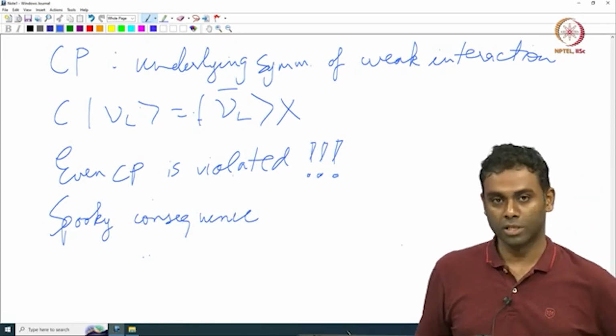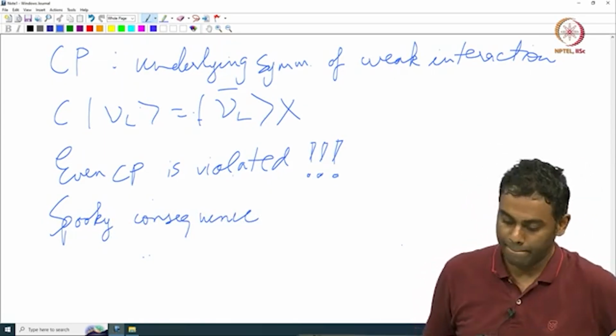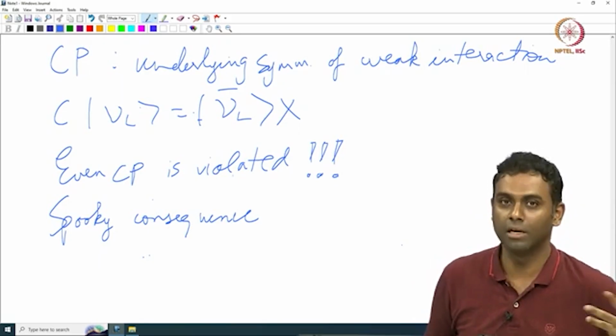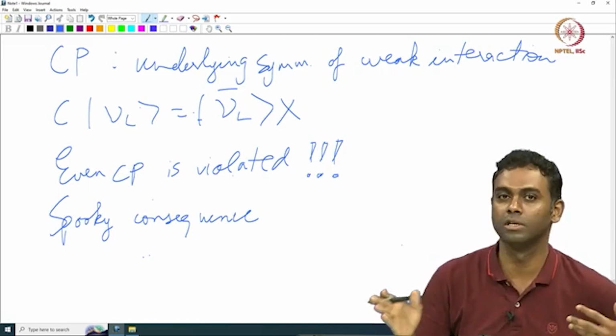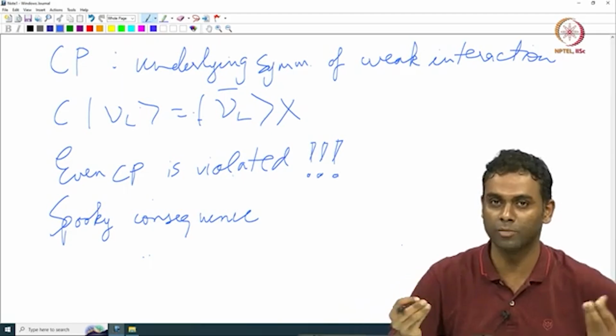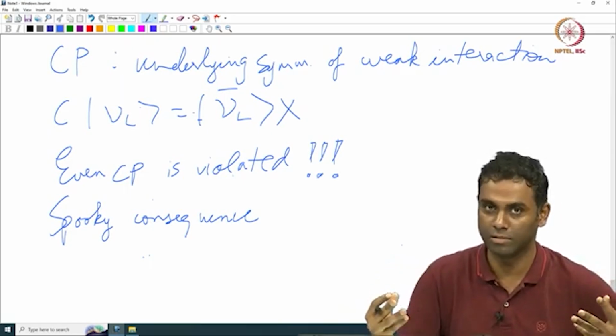The spooky consequence is that we at least think that the world is Lorentz invariant, right, that under Lorentz boosts, if you go to a different inertial frame, laws of physics do not change, all those cherished principles of relativity that Einstein gave us, at least for flat space.